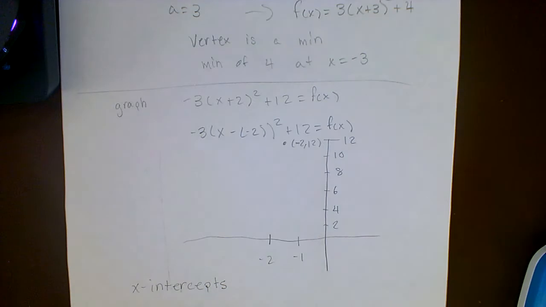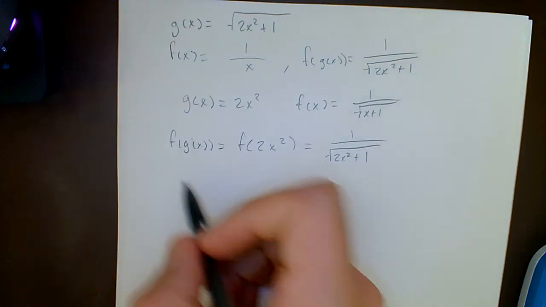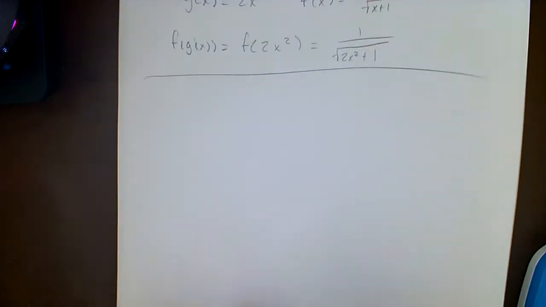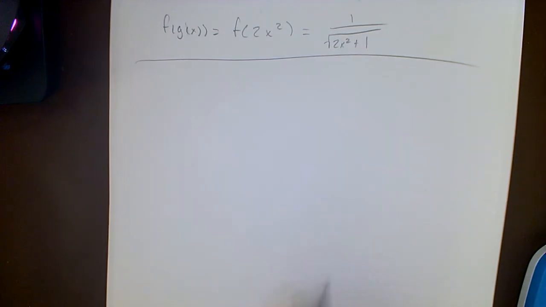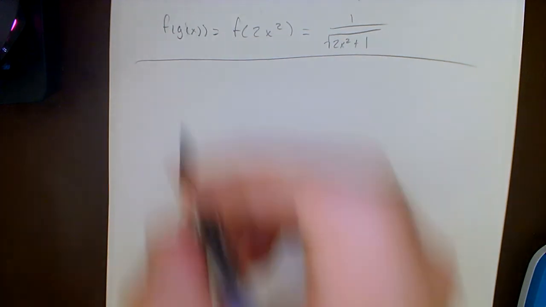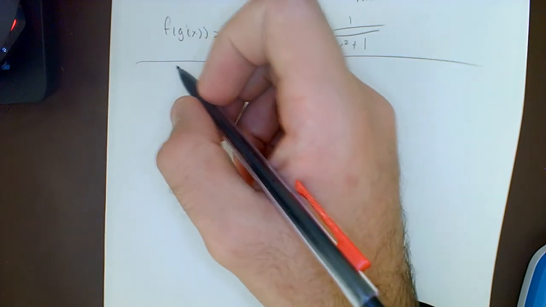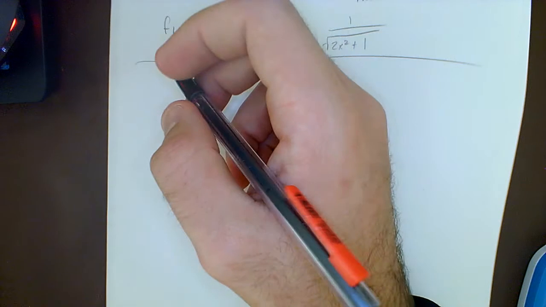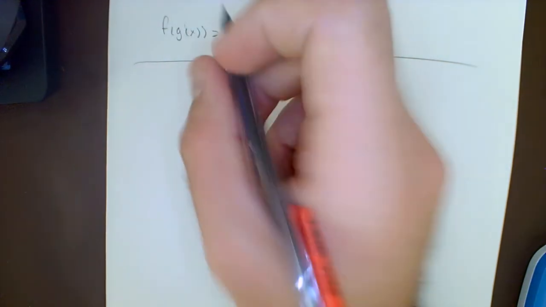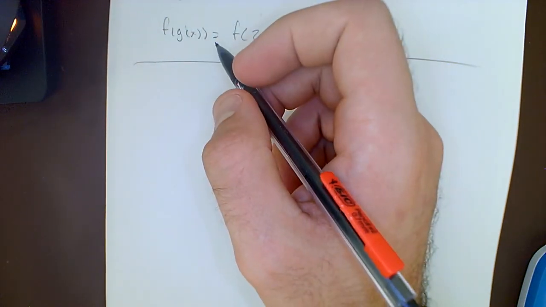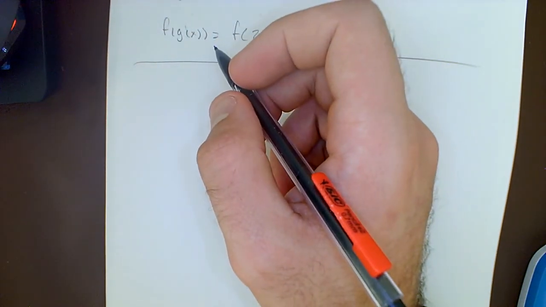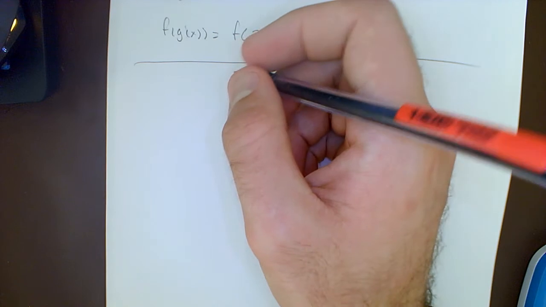So the x-intercepts, this is from yesterday's lesson. But the x-intercept is when you set y, or f of x, equal to 0, because you want to see where the function crosses the x-axis, which is precisely the line y equals 0.